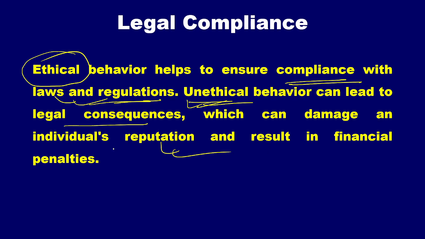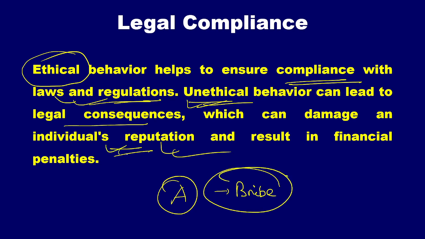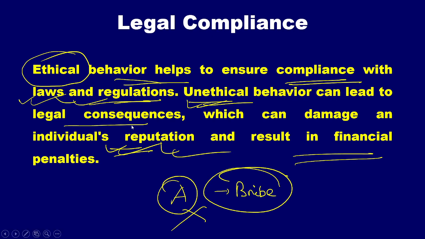If it is known that some person A takes a bribe to get some work done, that will damage that particular person's reputation, and this may also create problems for that person in the future. Therefore, ethical behavior must be followed so that it is in compliance with laws and regulations of our country.